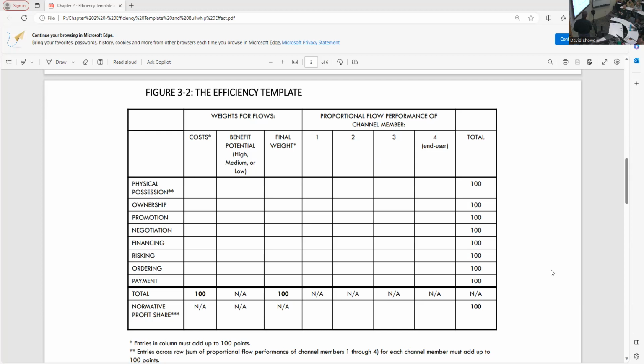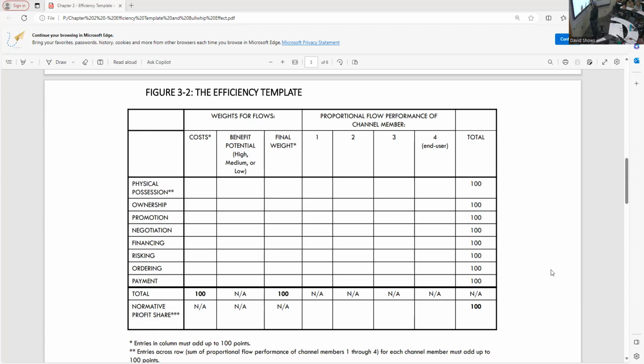So a zero-sum scale basically means that you'll be able to calculate these numbers across and they'll always add up to 100. So first thing up, you look at physical possession, ownership, promotion.